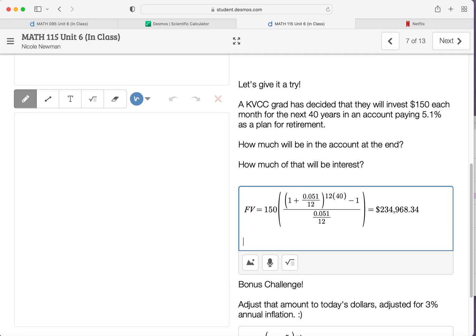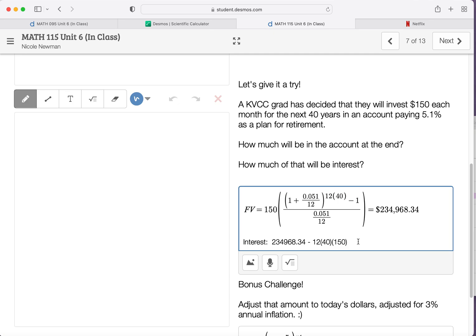How much of this is interest? That'll be the gap between the person's contributions. So the person contributed monthly payments for 40 years of $150. Actually, we should go in the opposite order so we don't get a negative answer. We're still going to use that amount, but we'll find the gap between $234,968.34 minus all of those payments.